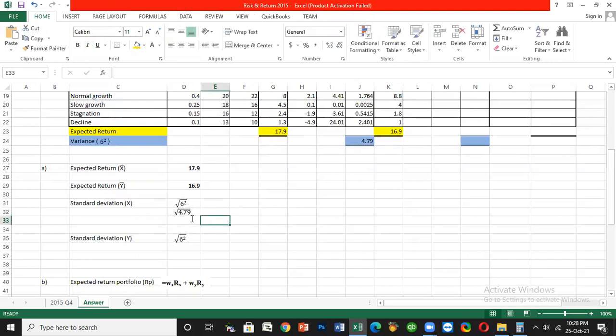So the square root of 4.79 is the standard deviation of X.